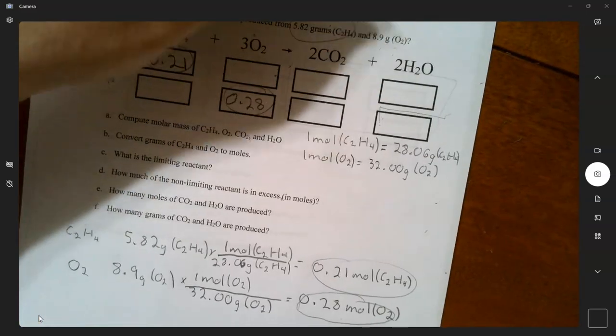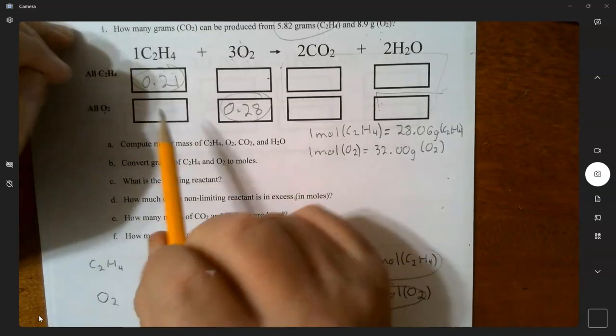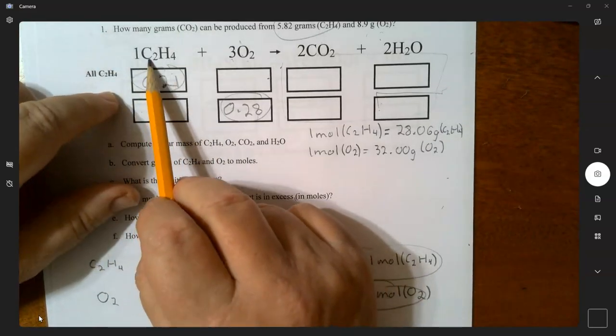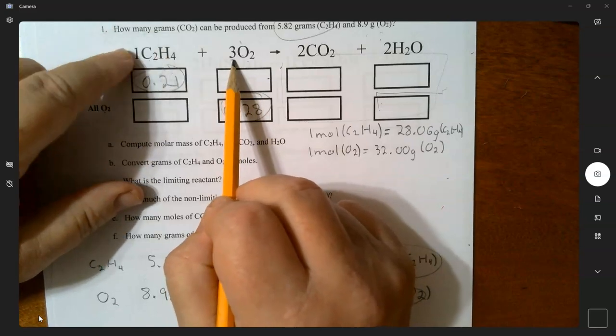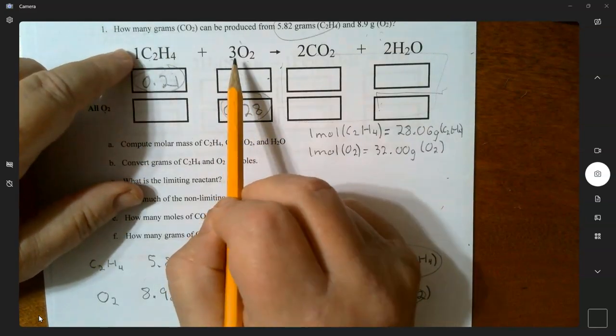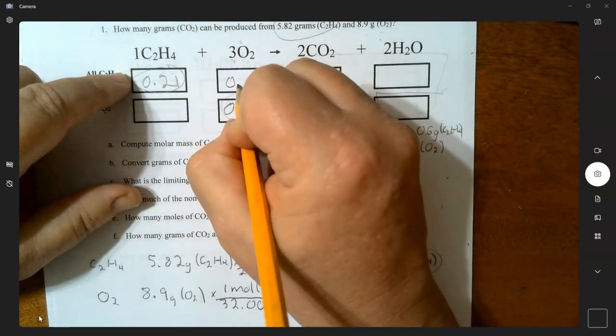Now you ask, okay, if I want to combust this much C2H4, how much O2 do I need? You need 3 times as much O2 as C2H4. So if you multiply this by 3, you get this.